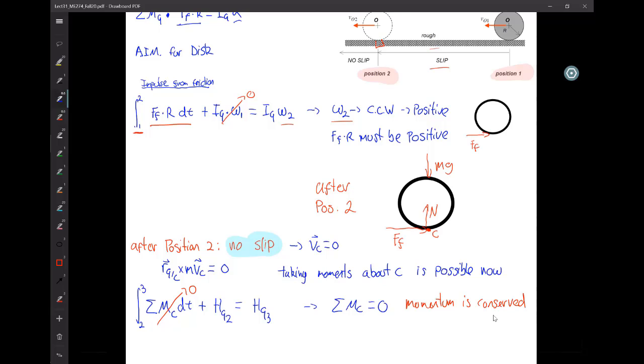Now, if you take your angular momentum about point G, is your momentum conserved? You have this friction, so you would have some impulse, and then things become complicated. This is why we need to make a judicious choice of the points that we use for calculating the angular momentum, to avoid those complications.